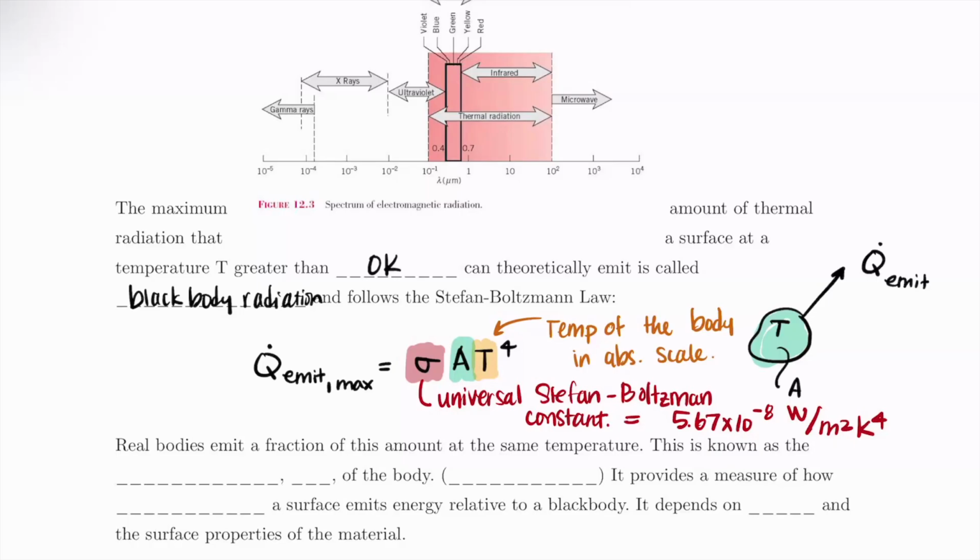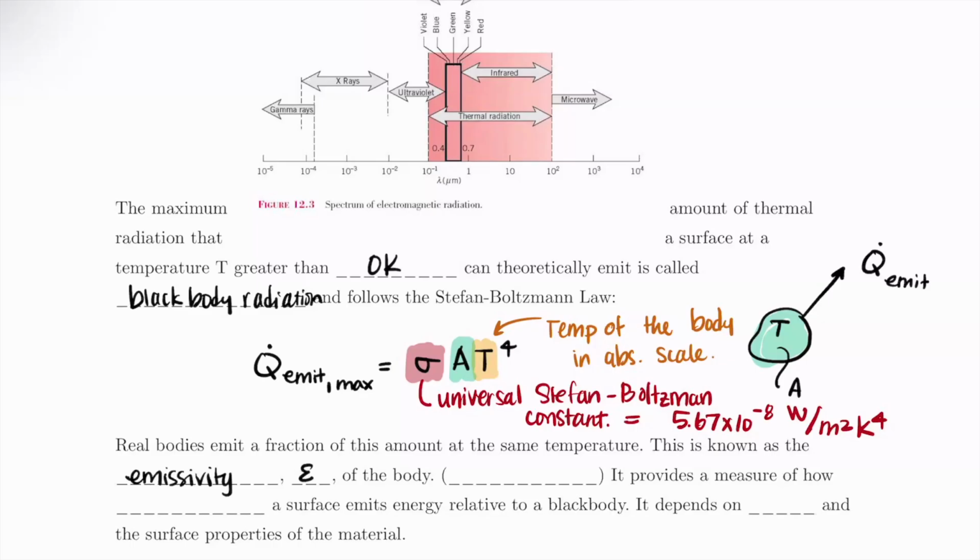Okay. All right, great. So real bodies are not going to generally emit the theoretical maximum amount. They'll emit something less than that. So some fraction less than this amount at the same temperature. So this fraction less is known as the emissivity of the body.